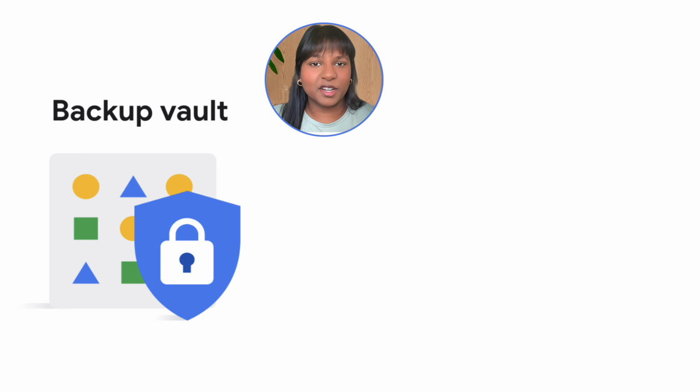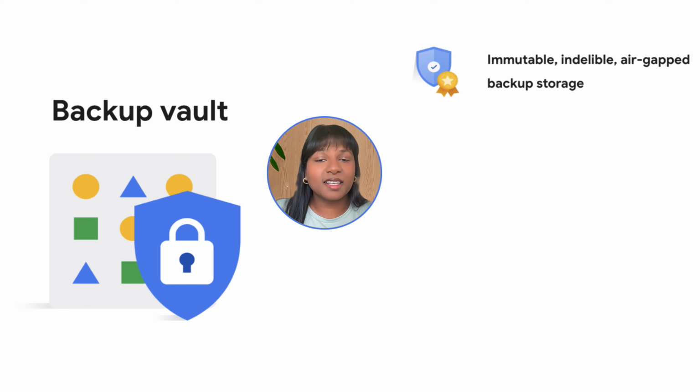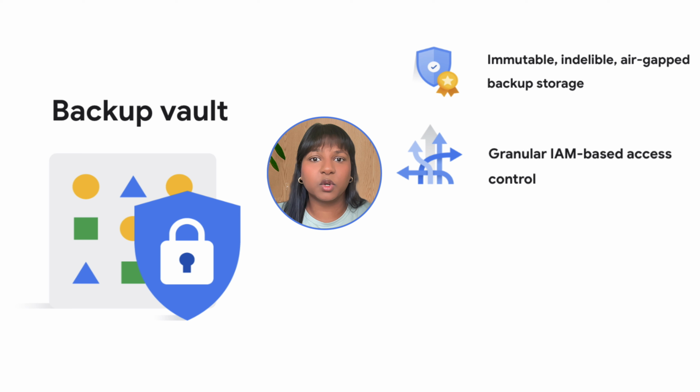Backup Vault offers numerous things. First, Backup Vault provides immutable, indelible, and air-gapped backup storage to protect your backups from corruption and deletion, enhancing your security and compliance. Next, Backup Vault is fully integrated with Google Cloud Identity and Access Management. This means that we offer granular permissioning and role-based access control, further safeguarding your data.